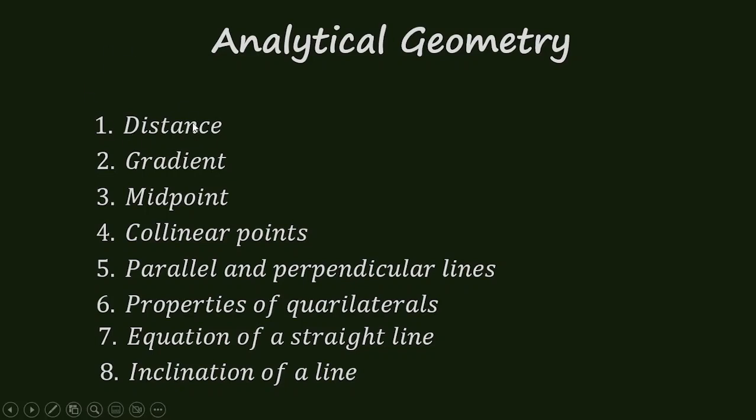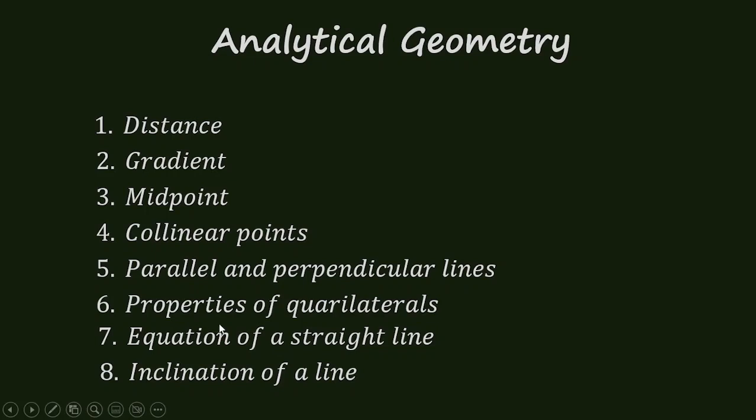We are going to look at the distance between 2 points, the gradient between 2 points, the midpoint of a straight line, or a midpoint between 2 points as well, the collinear points, or points that lie on the same straight line. We will look at the properties of parallel and perpendicular lines.